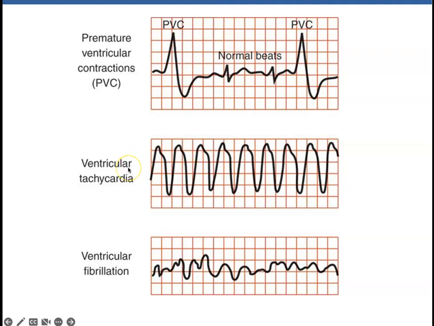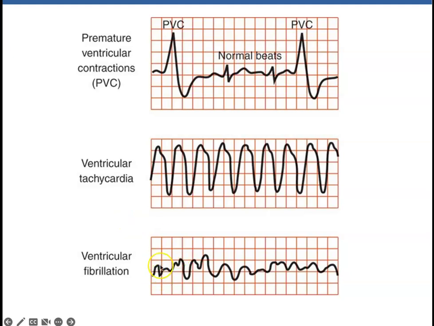But if you have VTach with a pulse and the person is stable, you can actually just try vagal maneuvers to calm it down. But sometimes this is obviously going to lead into pulseless VTach, and that is one of the rhythms that you can actually shock. If you have VTach and it's a little bit more narrow or it looks like this, you can try adenosine, but sometimes that's not going to work.